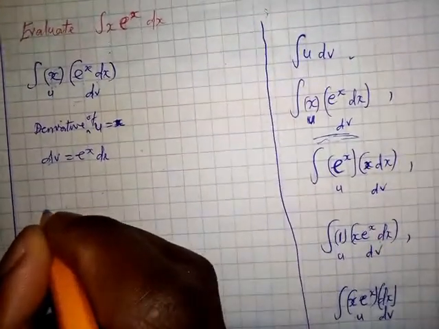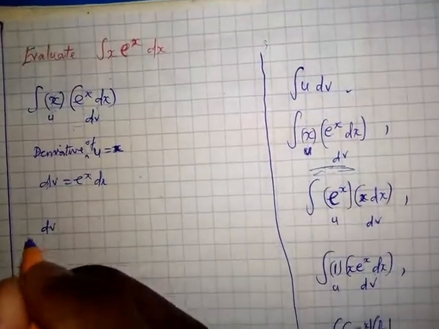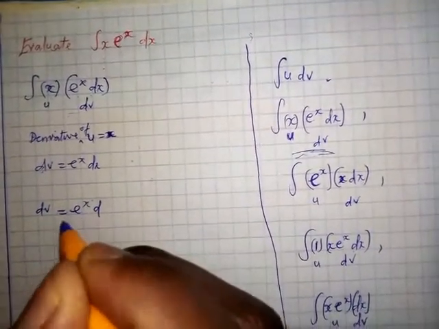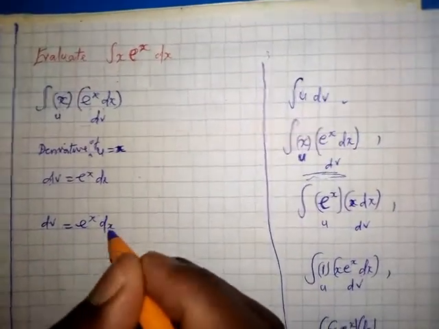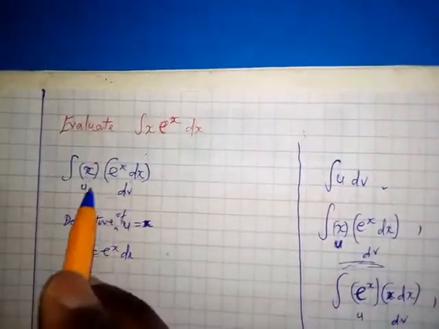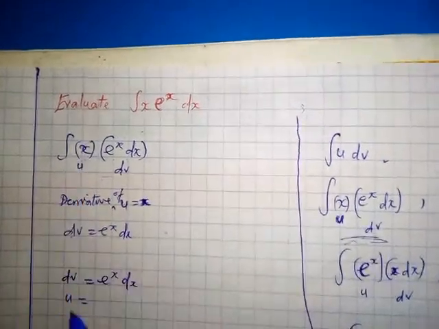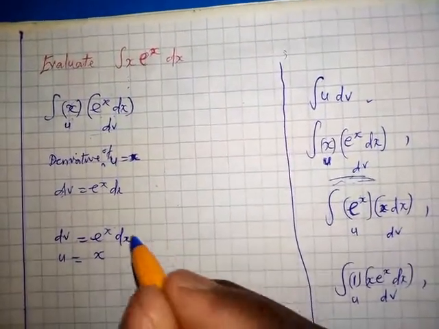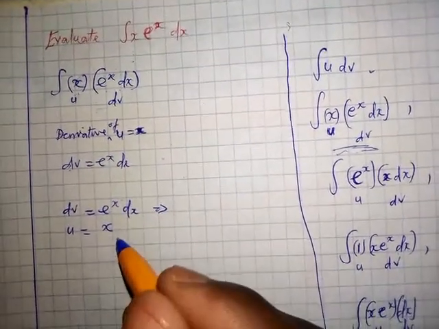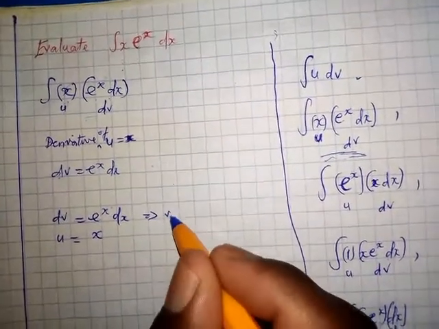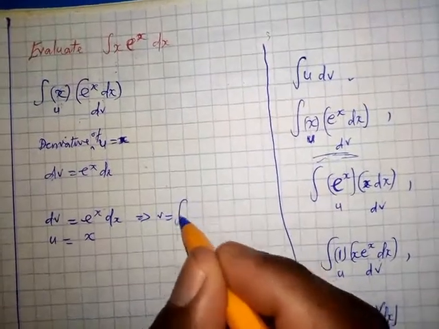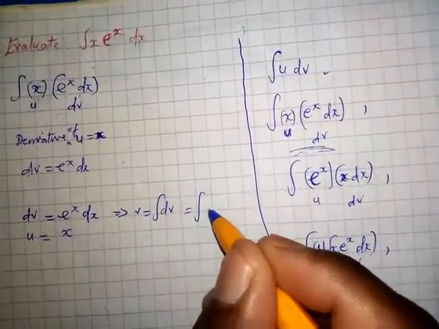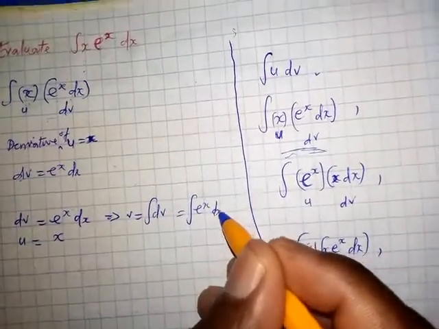So dv is equal to e^x dx, and u is equal to x. So v is equal to the integration of dv, which is equal to the integration of e^x dx.